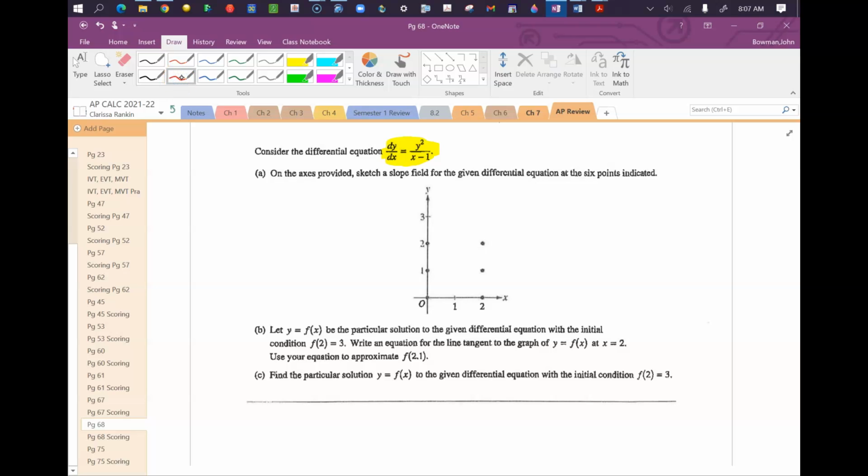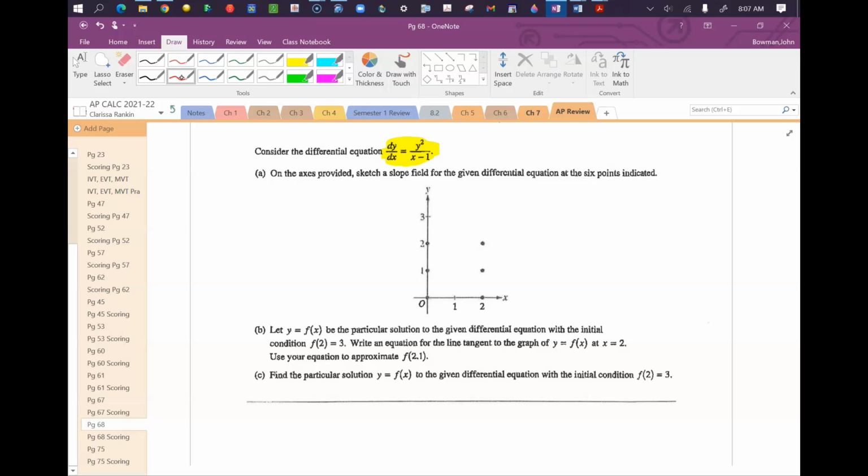Remember what the slope field is. If we were given an initial condition, we would be able to draw a curve that includes that initial condition point, and the points in the slope field are the slopes of the tangent lines to that solution at those points. So let's get started with this.